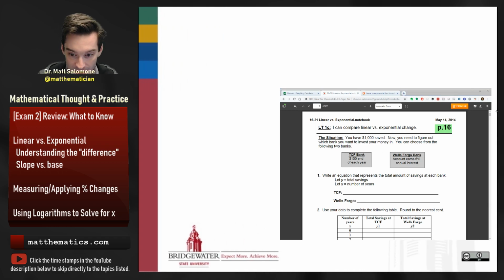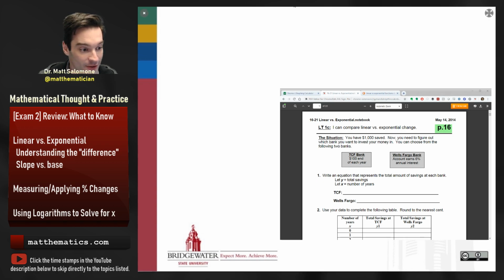All right, yeah, again, the perils of doing math live. This kind of thing doesn't happen on a whiteboard, but sometimes it happens when you're using technology. Okay, so again, what we're doing here is we're quantifying what happens with each one of these bank accounts. The TCF bank account adds $100 at the end of each year.